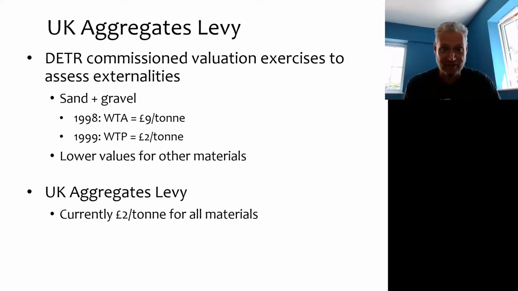And for sand and gravel quarrying, they found that the average willingness to pay to avoid this damage was around £2 per ton of sand and gravel excavated, and willingness to accept compensation for the damages caused was around £9 per ton. And for other materials, people cared less about.